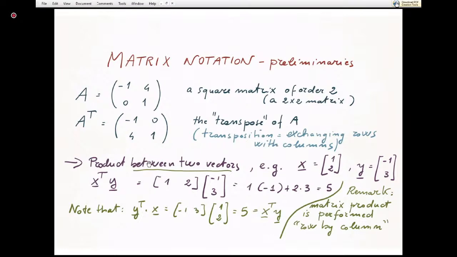It is defined an operation between vectors which is called the matrix product between vectors, okay?